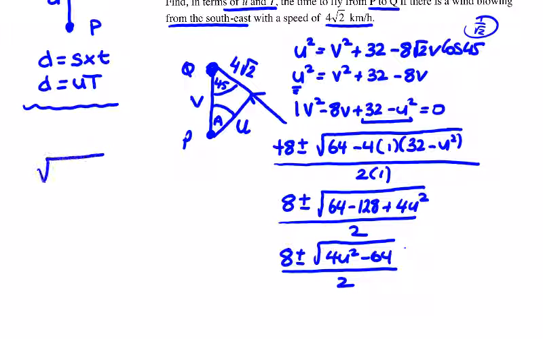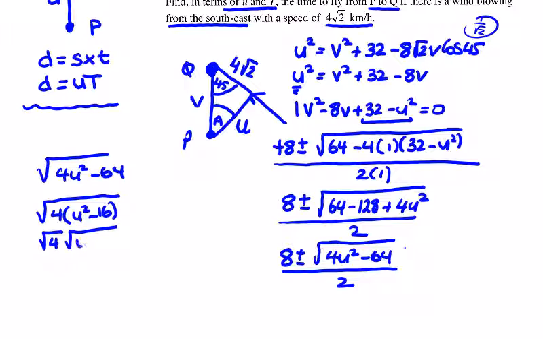And the square root of 4u squared minus 64 is going to be the square root of 4 times u squared minus 16. So we've made it into a product. So we can separate them. Square root of 4 by the square root of u squared minus 16 is going to be 2 by the square root of u squared minus 16.